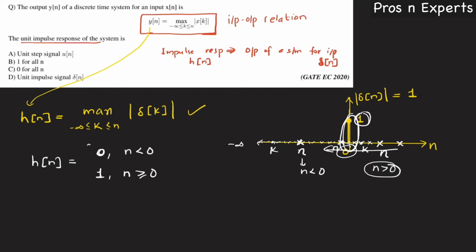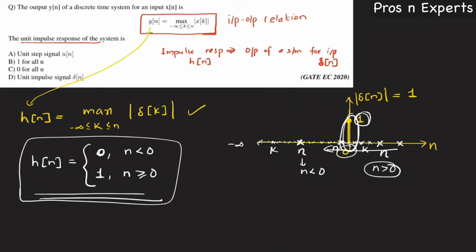All right, so this is the impulse response. Are you familiar with this signal? This is a discrete time signal with negative amplitudes 0 and positive amplitudes 1.